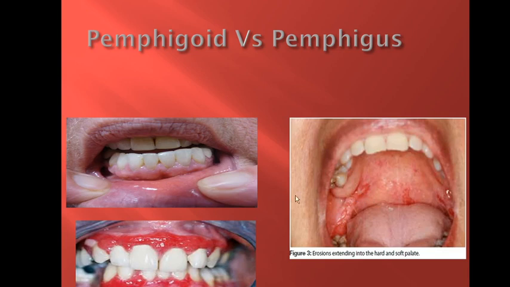Pemphigoid, on the opposite side, affects a lower layer of the skin between the epidermis and the dermis, creating tense blisters that do not break easily. Sometimes pemphigoid may look like hives or eczema without blisters. I hope today's topic was of benefit to you.